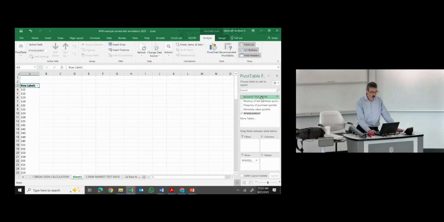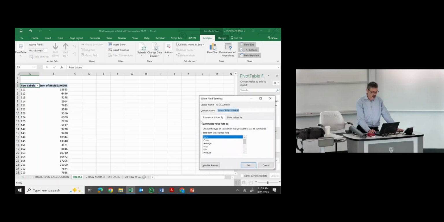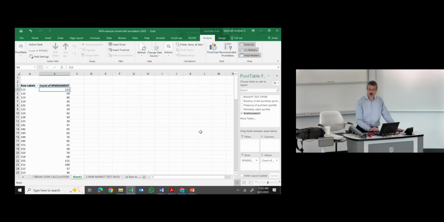And what do I want to get? I want to know, let's say for instance, how many people are in each segment. I can slide this down here into this box called values. It's now adding them up. I don't want that. I want to count. So I'll say value field settings count. Hit OK. And so now I know that there's 113 people in segment number 111 in my test market.